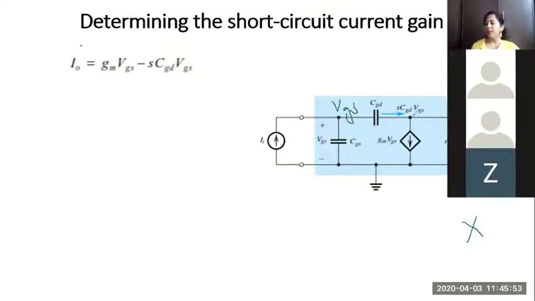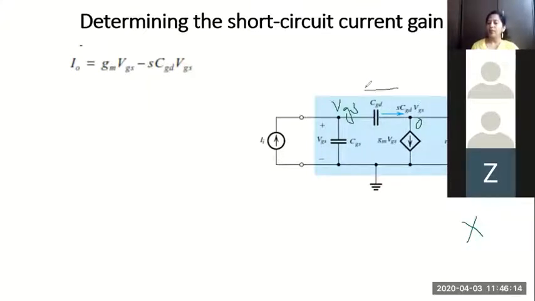What is the voltage at the drain end? It is 0, because there is a short circuit across the output. So the drain end voltage is 0. This is VGS. So what is the difference in voltage across the capacitance? VGS minus 0, or if I measure from this end, I0 is shown in this direction.